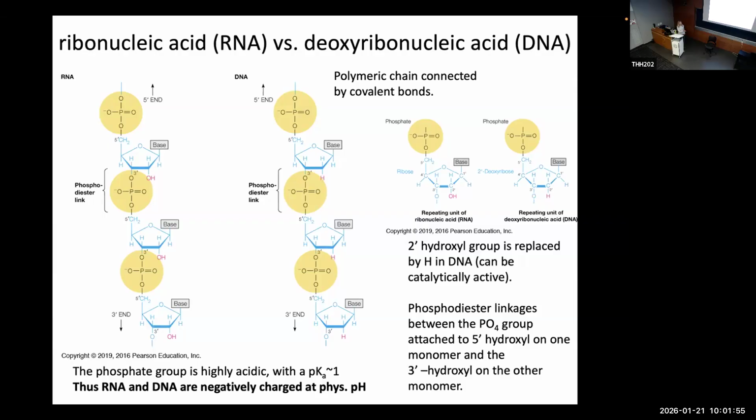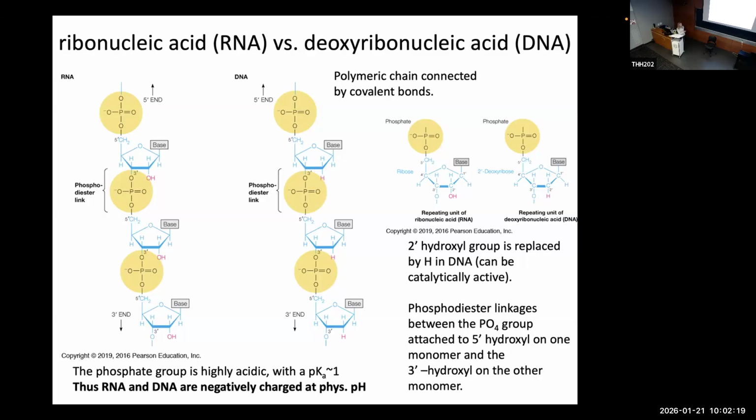A ribose sugar's carbons are labeled by numbers. And this is 1, 2, 3, 4. So a ribose is a 5-carbon sugar. At the 2' position, they differ between DNA and RNA. And this impacts the stability of RNA because this hydroxyl group can be reactive.